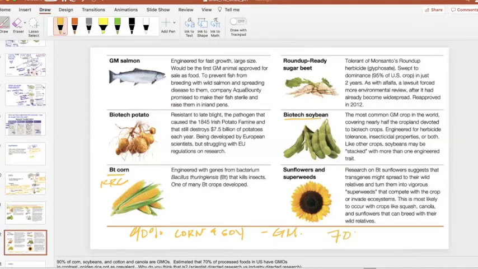And something like 70% of the processed foods that you eat, things like Doritos and so on, contain genetically modified organisms. Now, as you probably know from looking at the packaging, say if you go shopping at the grocery store, there's all this anti-GMO packaging.